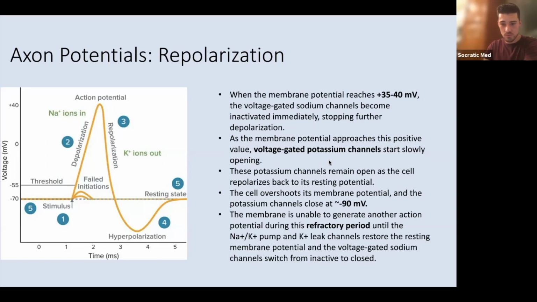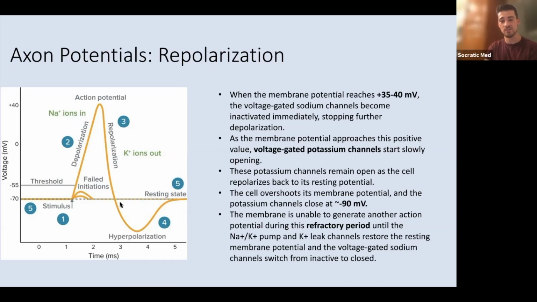Right. So the potassium channels remain open as the cell repolarizes back to its resting potential. So they're open this entire time. And the entire time on the downstroke, the voltage-gated sodium channels are inactivated, which is slightly different than closed, and we're going to talk about that in just a minute. The potassium channels remain open, the cell overshoots its membrane potential, and the potassium channels close at about negative 90 millivolts. So they actually don't close until you pass the membrane potential.